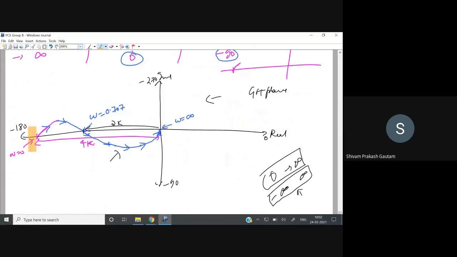So at omega equal to 0, it moves upward, and at omega equal to 0.707, the phase is again minus 180 degree and magnitude is 2k. This point will be exactly at the center, and I have drawn the rough diagram. Then the phase will keep decreasing, and it will ultimately end at phase minus 90 at omega equal to infinity. So this is the complete polar plot of the given problem.